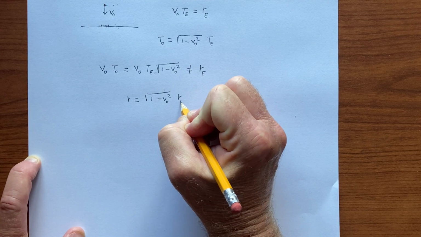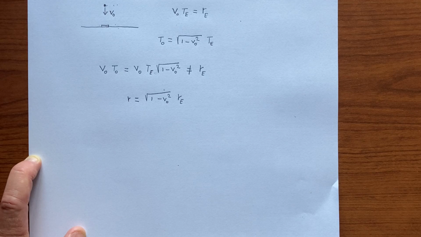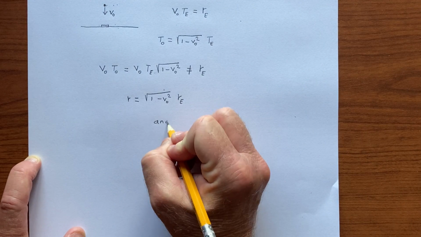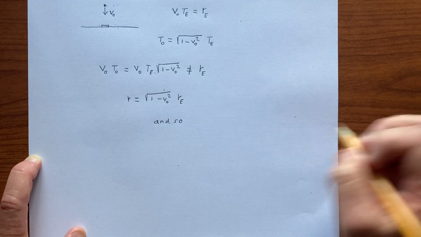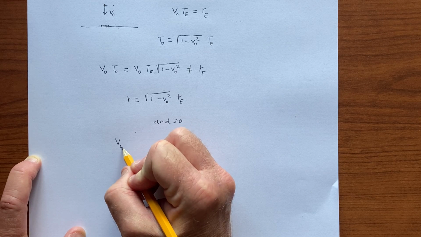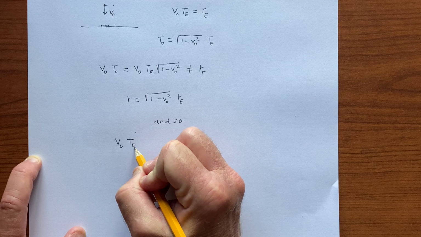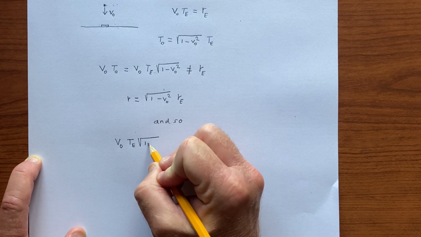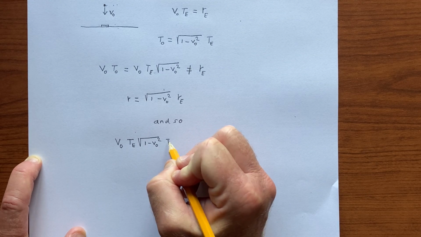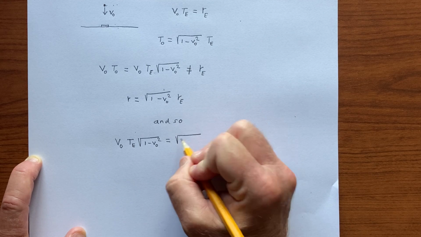So that's the distance traveled. And so we can see that everything makes sense because the speed times the proper time is equal to the distance traveled, which is shorter.